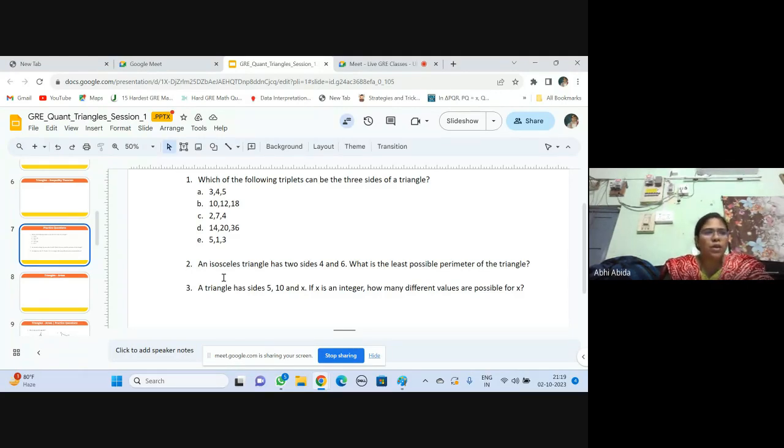We know that the sum of two sides should be greater than the third side.